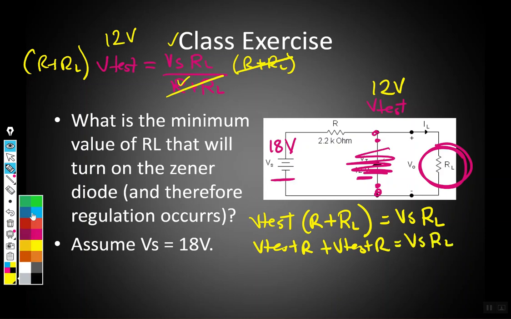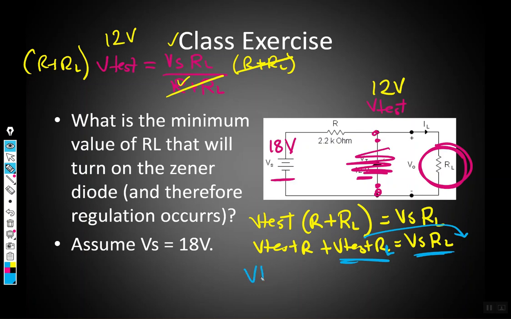Now I want to find RL, which means I've got to combine these two parts of the equation. So I'm going to bring this over to the other side, and when I bring it over, it's going to change sign. So I'm going to end up with VTest times R equals VSRL minus VTest RL, and I'm going to factor out RL.